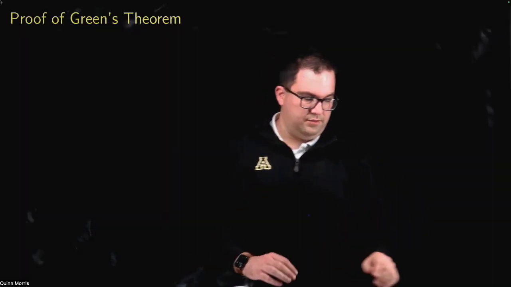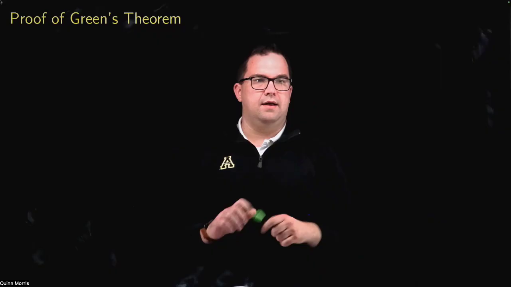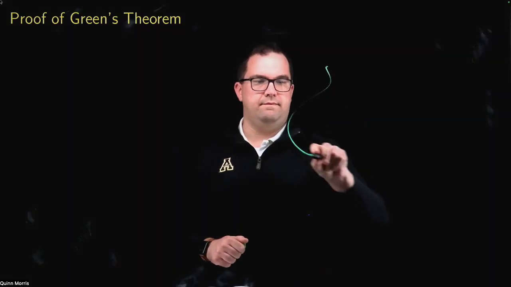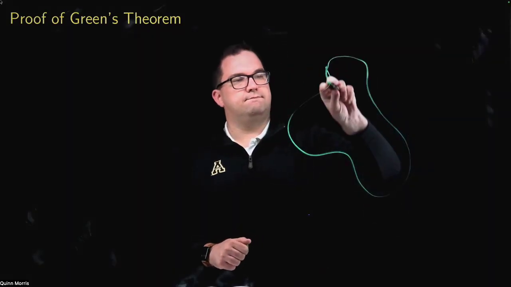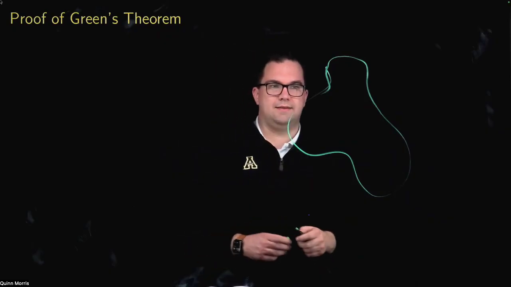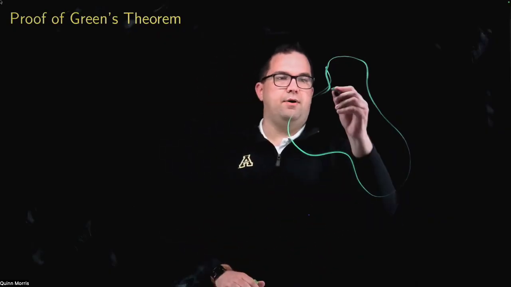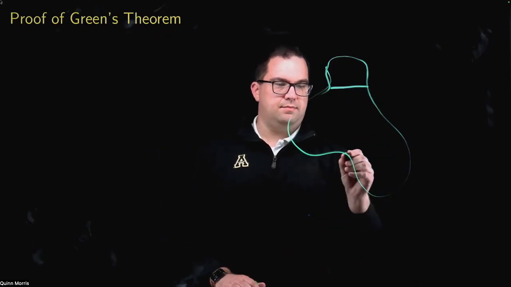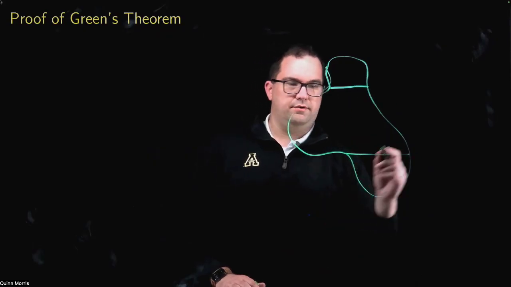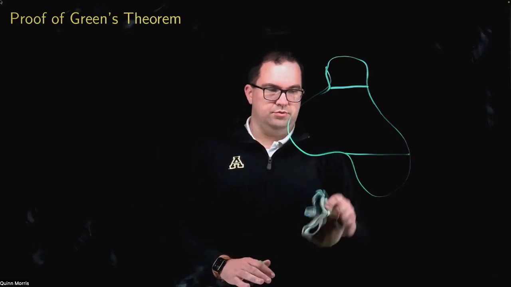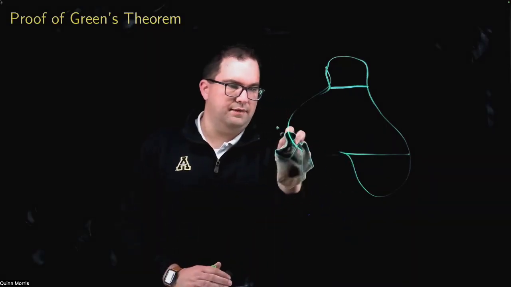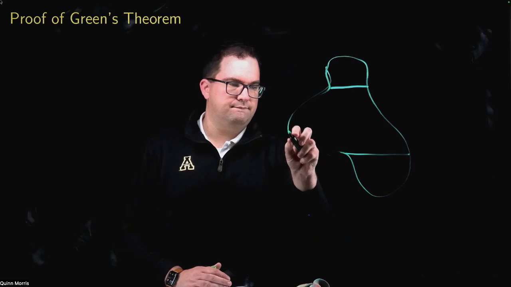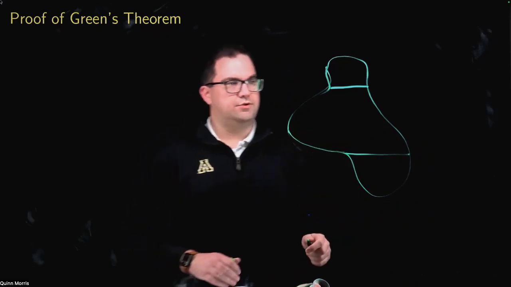So again here, the idea is if I have some strange region in the plane, I can start decomposing this. So I could, for example, make a cut here. Maybe I'll make another cut here. Let's assume, just to not make this too complicated, we don't have to change it to too many things.